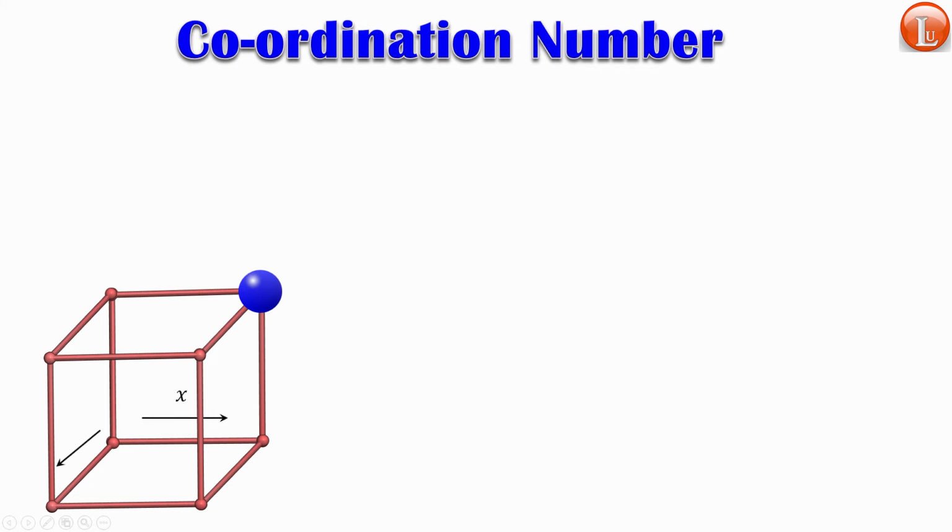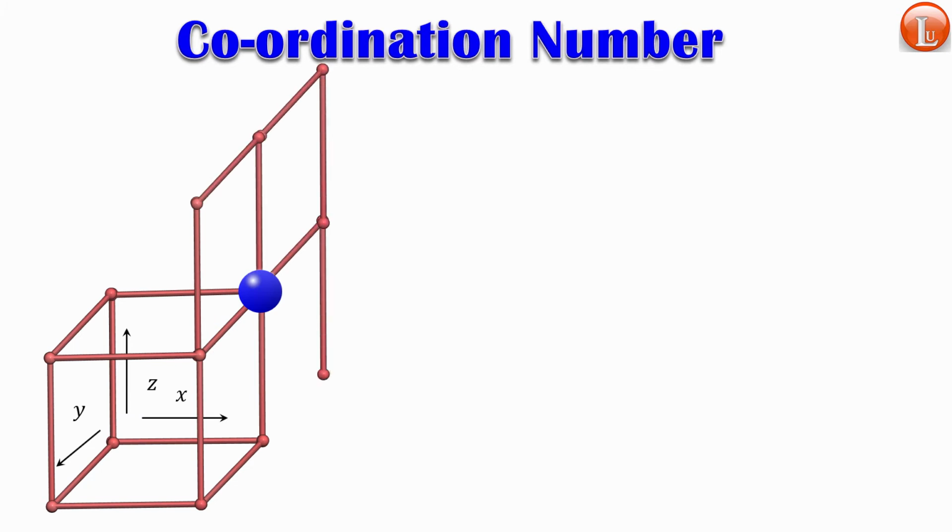So let this be x-axis, y-axis and z-axis. Now, which plane is this? Guess. Don't you think it is parallel to this YZ plane? And there will be 4 face-centered atoms here. Now, I'm drawing them with a different color, but they're all the same type.